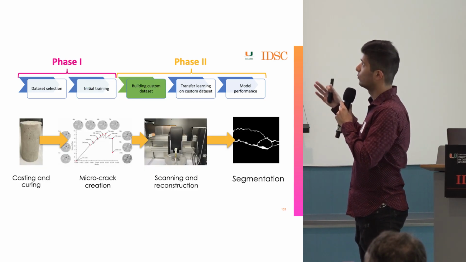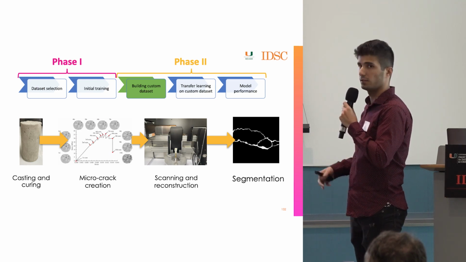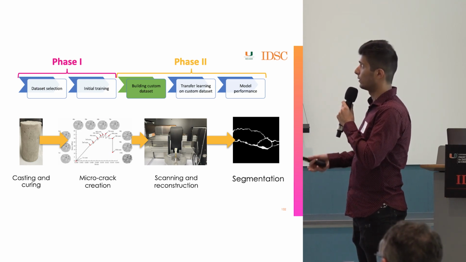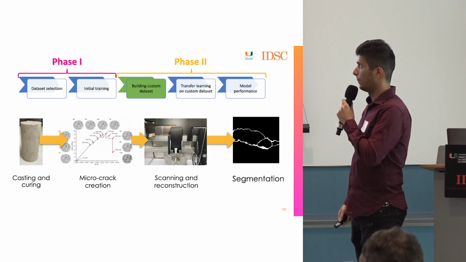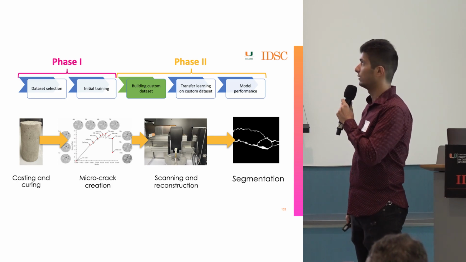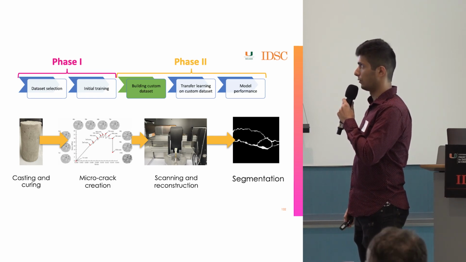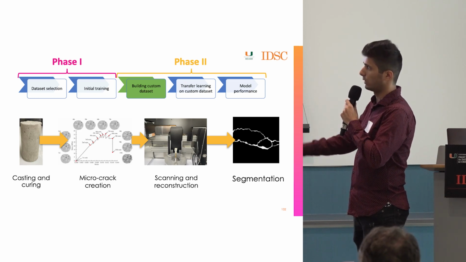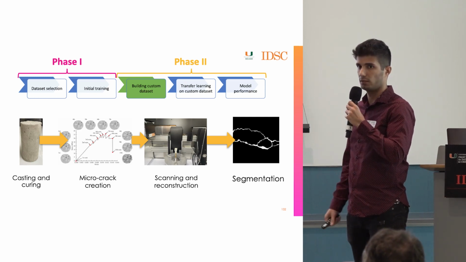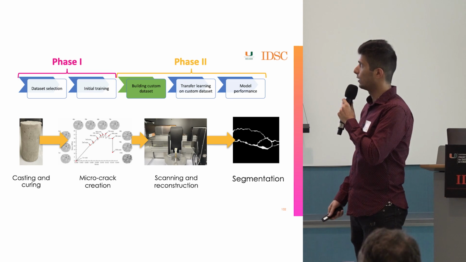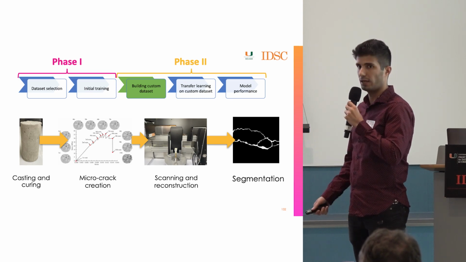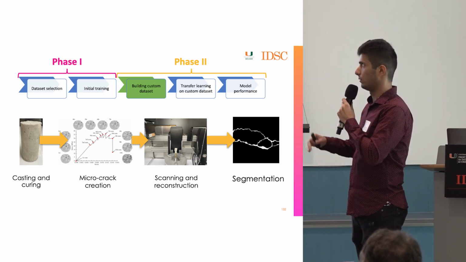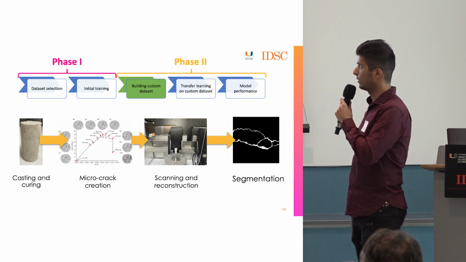That's when we decided to start phase 2, which was to build our own data set. This is a lot of work that we've been doing for some time. It begins with casting and curing the concrete samples. We induce microcracks in them through a process of loading and unloading.